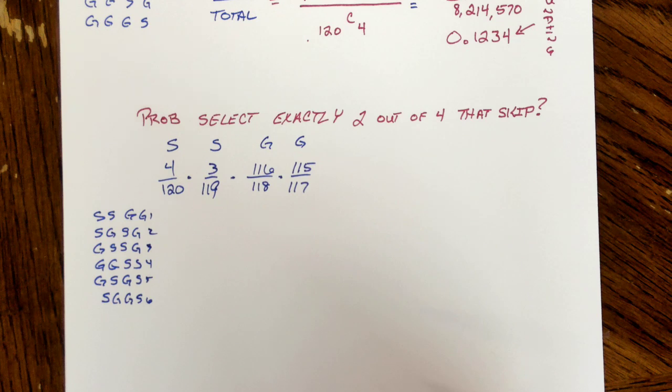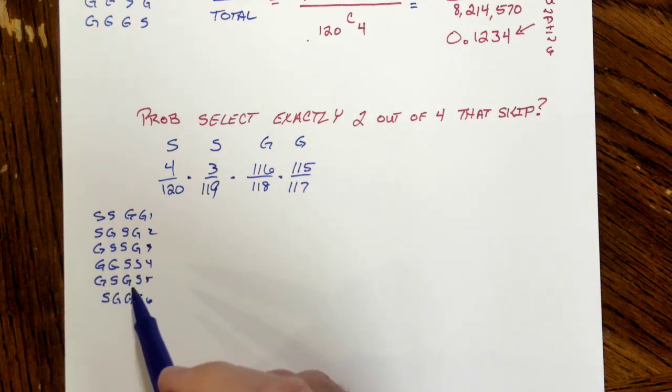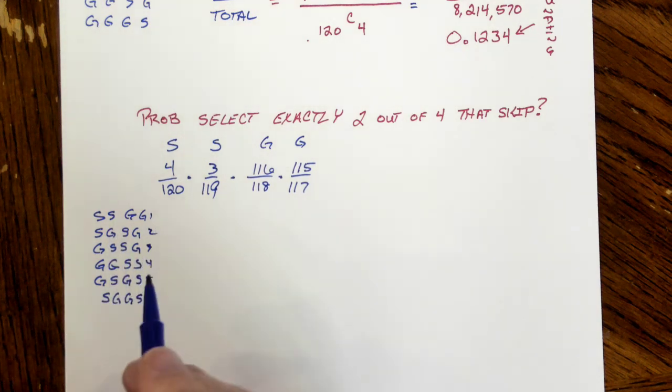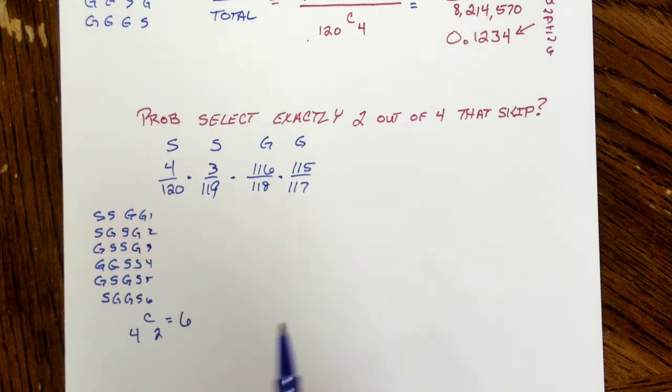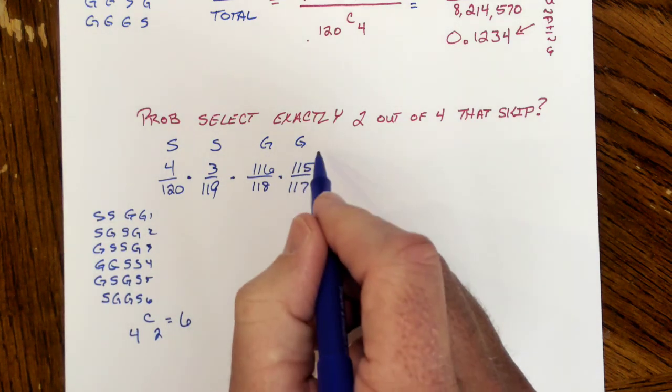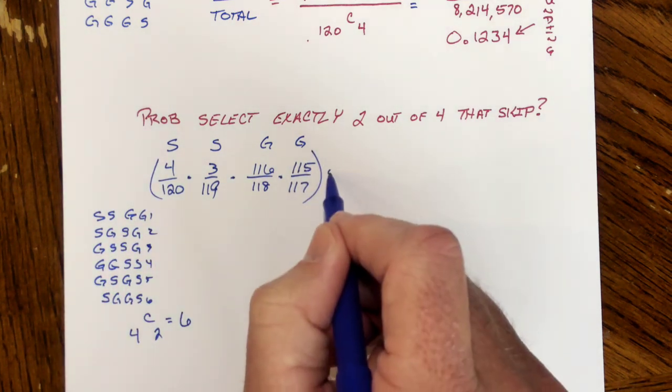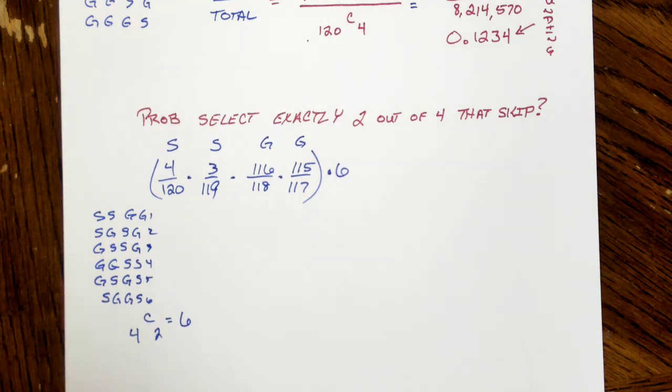Or start using our combination. We don't care the order. Out of 4 DVDs we're choosing, we need 2 of them, however you want to look at it, that skip. Well, if you do that in your calculator, you get an answer of 6, so it's telling us our sample space. So instead of doing all that, because we have to multiply it by 6, we can use this to help us out now. So here's our setup.